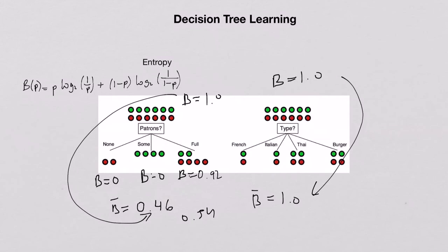And this means that between these two variables, patrons is a better variable to split on at this stage than type because we have a bigger information gain. And in fact, in the example that we have in the book, this is the best thing we can split on. This is the highest information gain we're getting of all the variables that we had. So hopefully this walkthrough explains how we decide which variable to split on at every point.